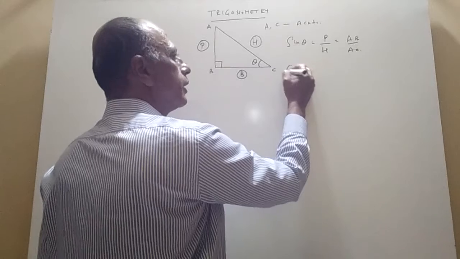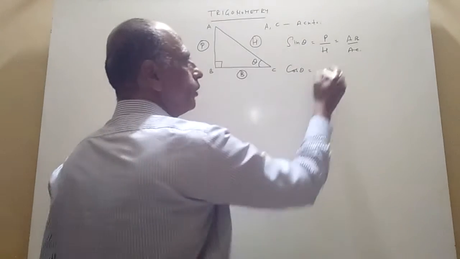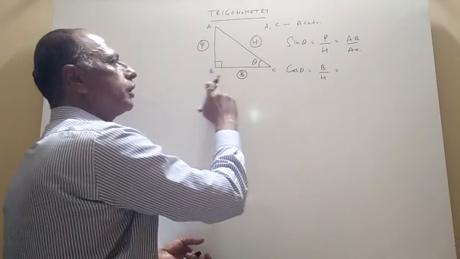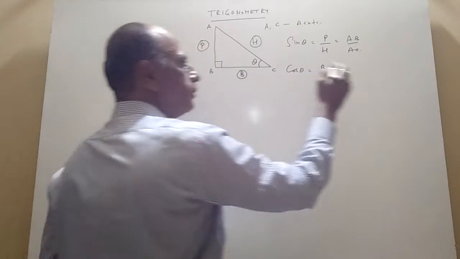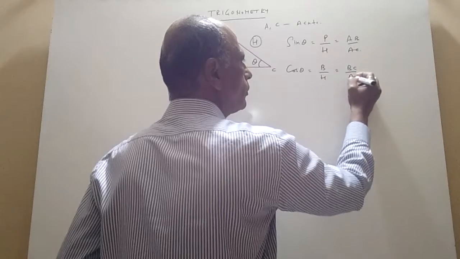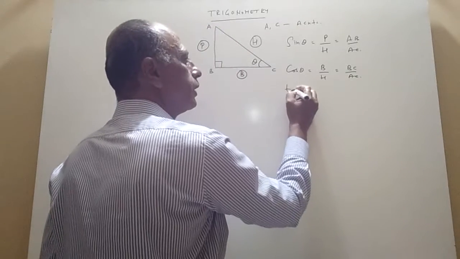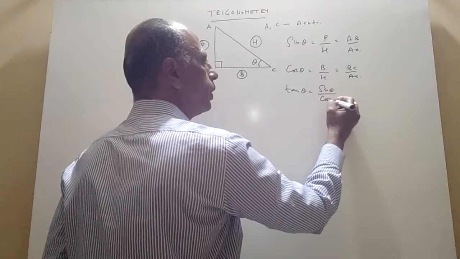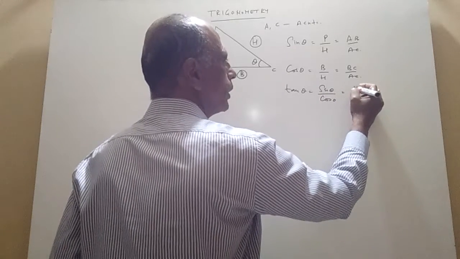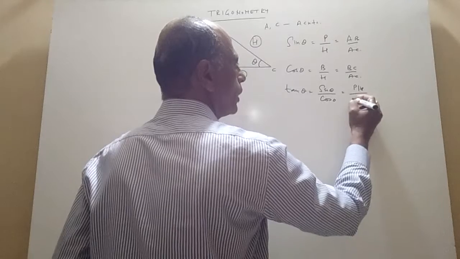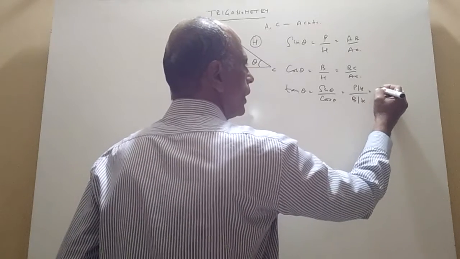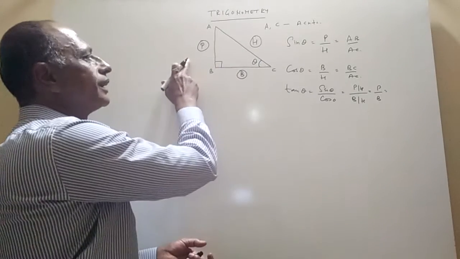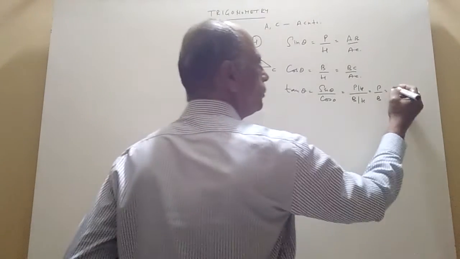The second is cos theta, which will be base upon hypotenuse, BC upon AC. And then we have tan theta, which is sin theta upon cos theta, and this will become P upon H upon B upon H, and when we solve it, it becomes P upon B, which in this case is AB upon BC.